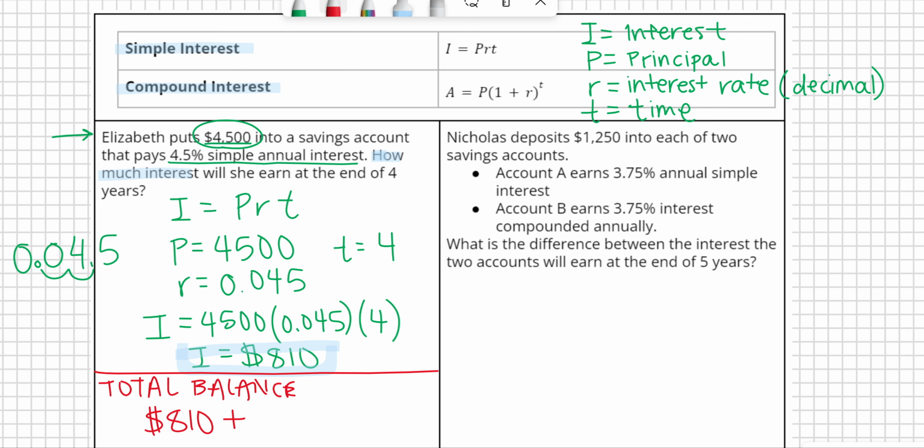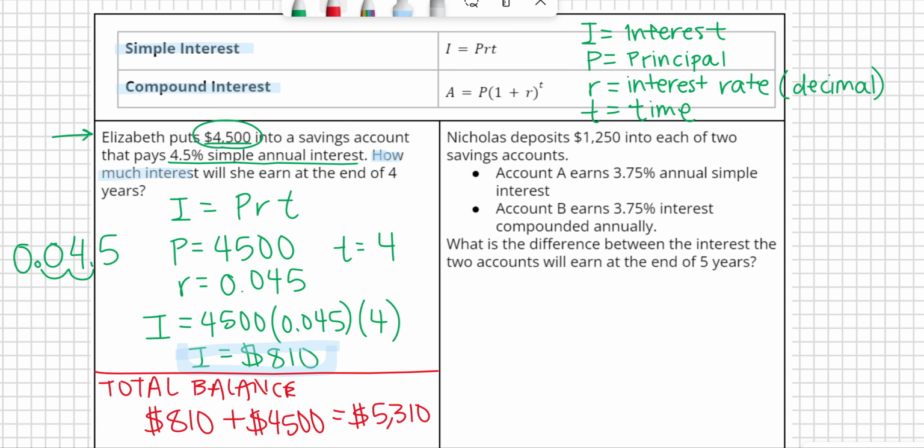In this case, the starting amount was 4,500. If I added those together, I would get $5,310. That's how much total money is in her account after the 4 years: what she started with plus how much interest she earned.